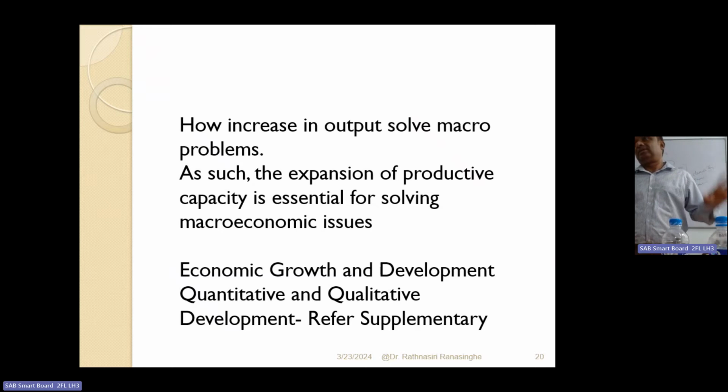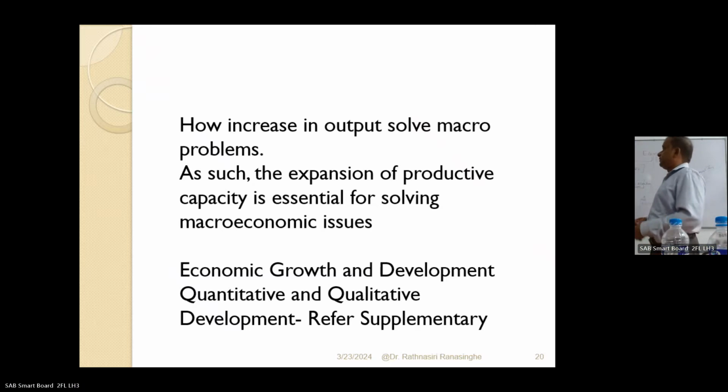If you use non-renewable resources to increase the output, that may be the cost: sacrificing non-renewable resources and environmental pollution. Those are the costs of doing that.